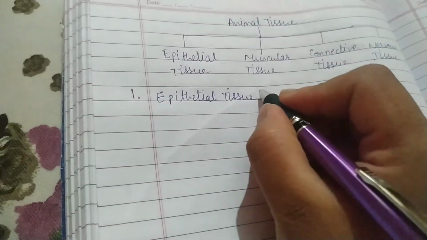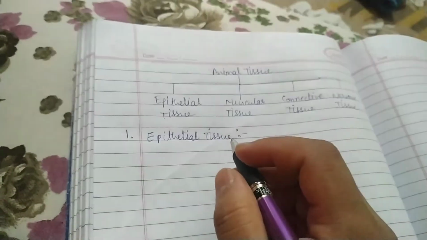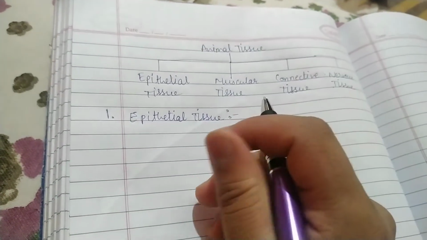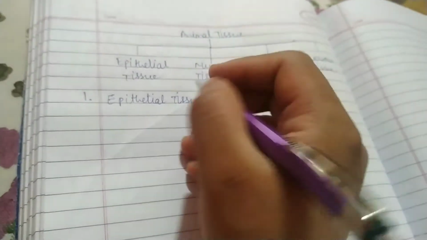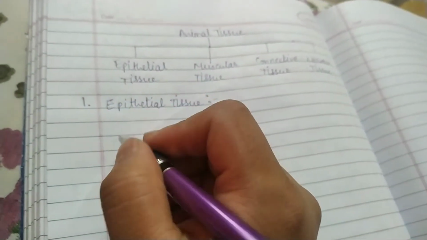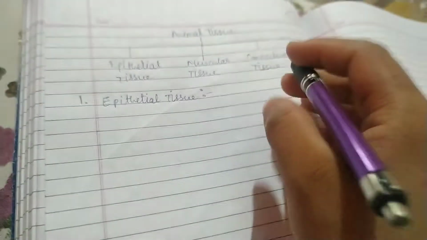Okay, start from the epithelial tissue. So students, epithelial tissue is also divided into many parts. So let us discuss one by one.